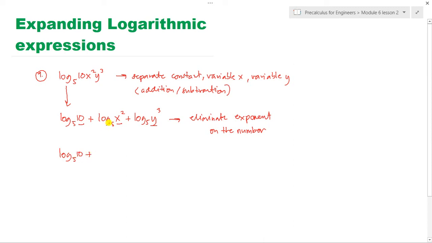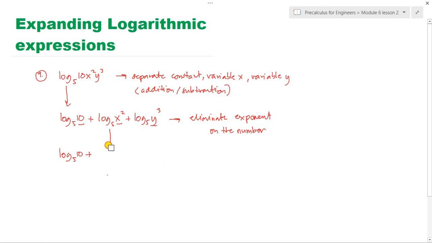Plus, for log of x squared to the base 5, remember the property that if we have log of x raised to n to the base a, that is just equal to n log of x to the base a. We apply that whenever there is an exponent on the resulting number.